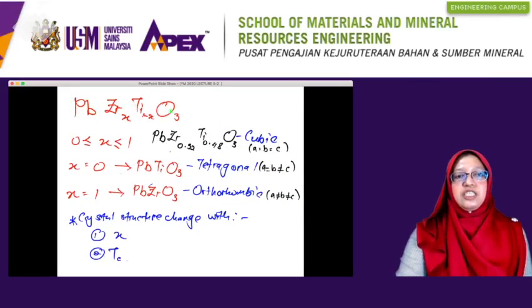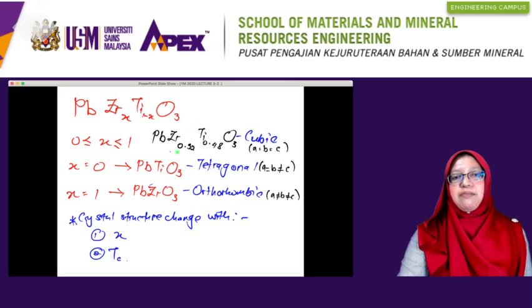So this is the general formula for PZT, PbZrxTi1-xO3. Here x is the amount of substitution. X can be between 0 and 1.